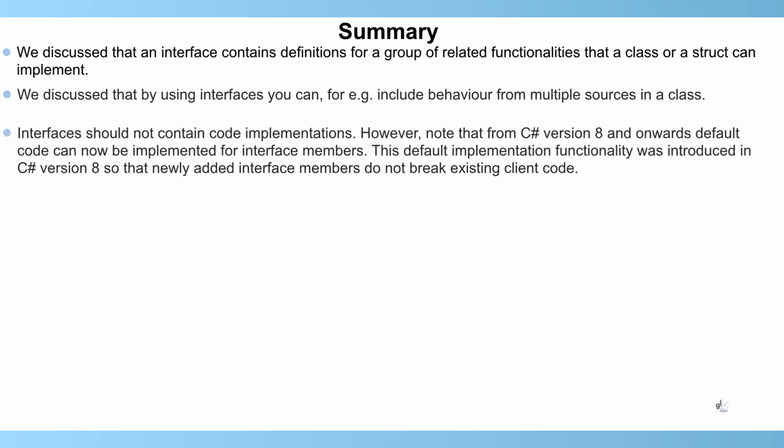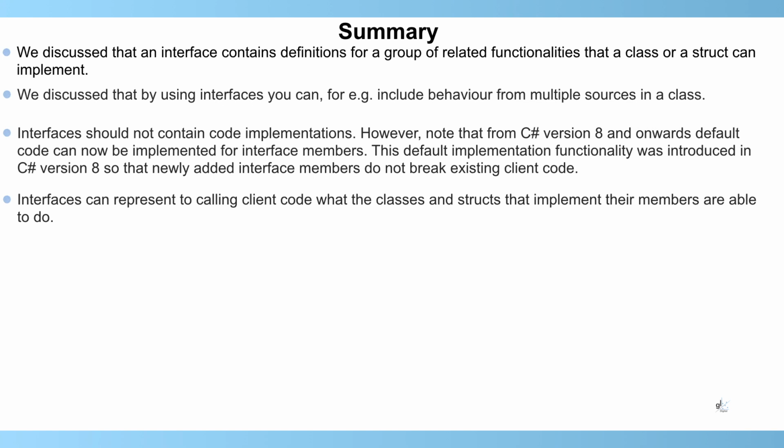Interfaces should not contain code implementations. However, note that in the next part of this tutorial, we'll discuss that from C# version 8 and onwards, default code can now be implemented for interface members. This default implementation functionality was introduced in C# version 8 so that newly added interface members do not break existing client code.